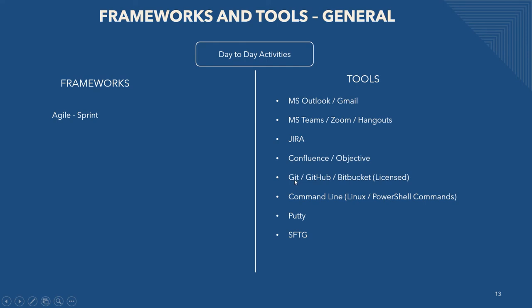Once you install Git as a developer, Git has commands to store the source code into these systems. Git supports both GitHub and Bitbucket, so it doesn't matter whether your organization uses GitHub or Bitbucket. You just need to install Git and learn some commands. Using those commands, you can push your source code to GitHub or Bitbucket.